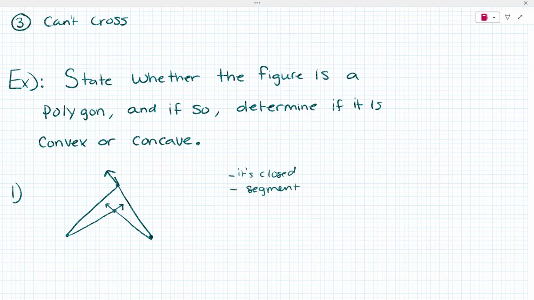If you look at the arrows, these arrows are inside. So it's going to be concave. So you could say, yes, it's a polygon, and then you could say it's concave since the arrow is inside.